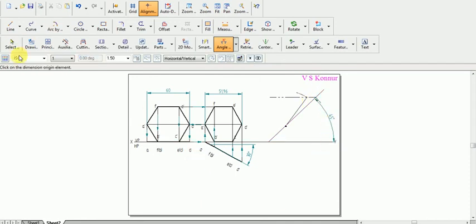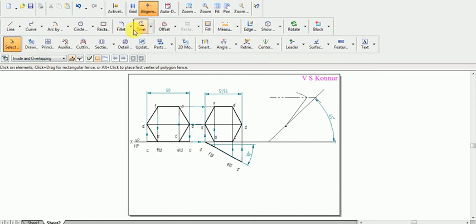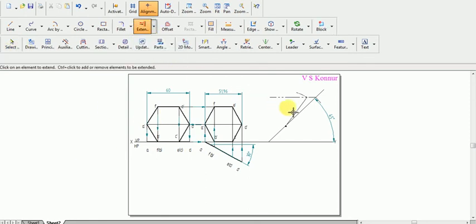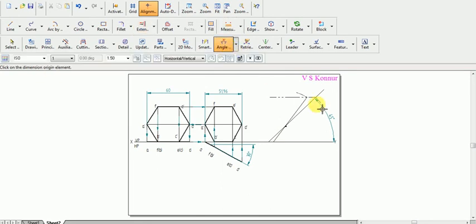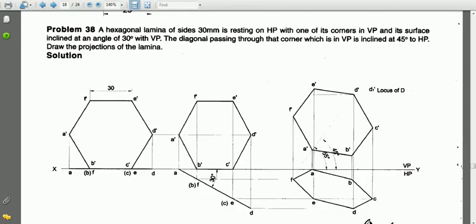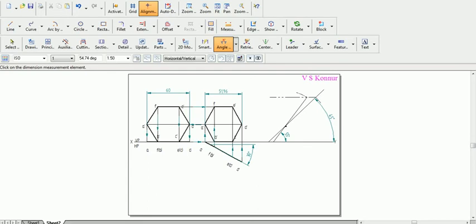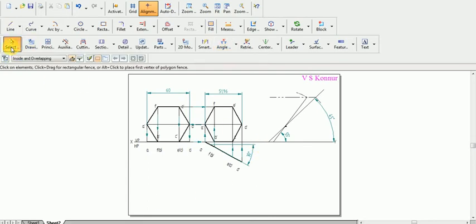Now we'll move. Before moving, one more thing I would like to show you: measure how much angle you will get between these. You should get 55 degrees. We'll check in your grid book. We got 55 degrees. Now move this hexagon.